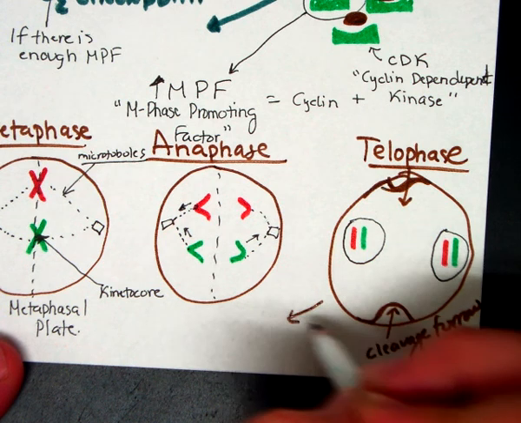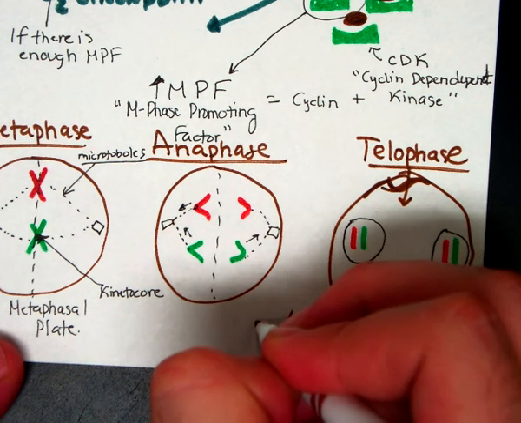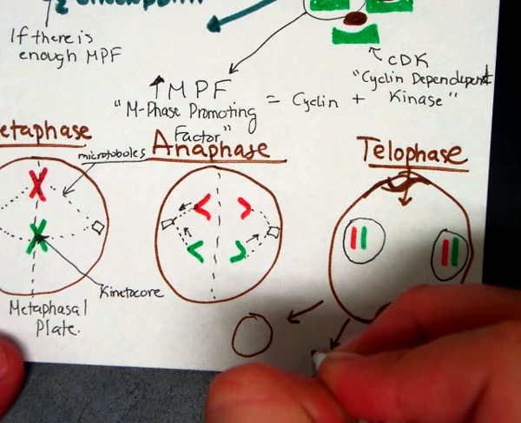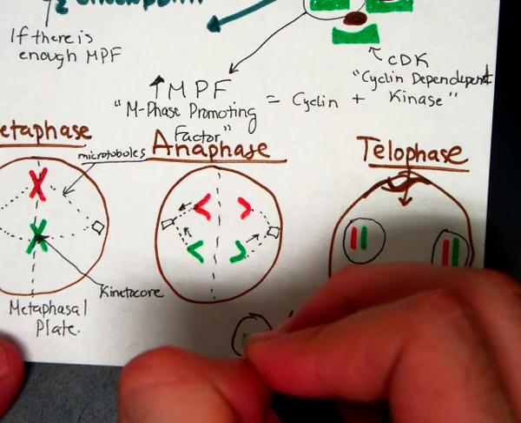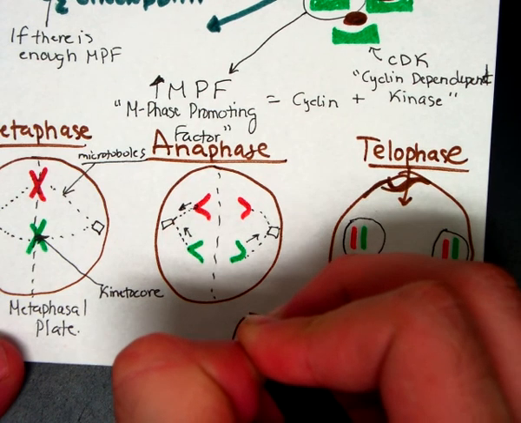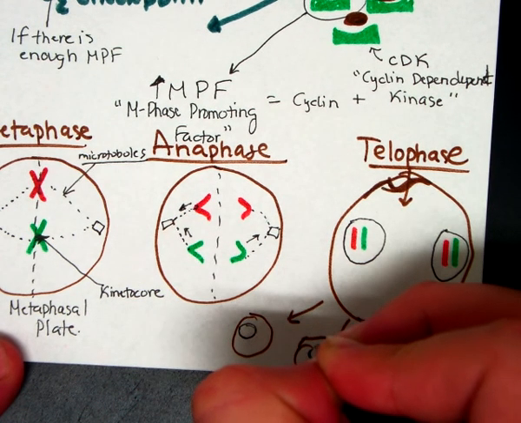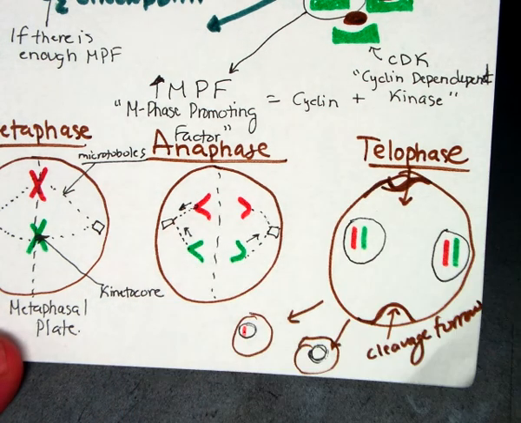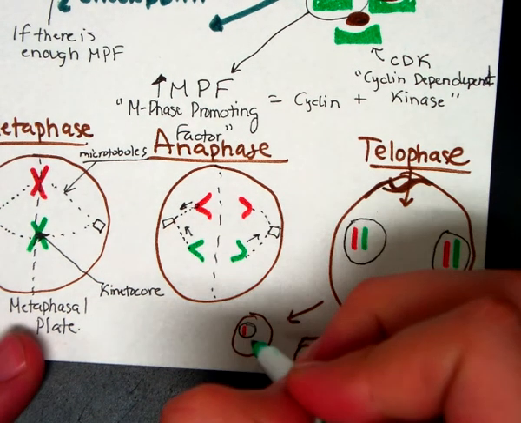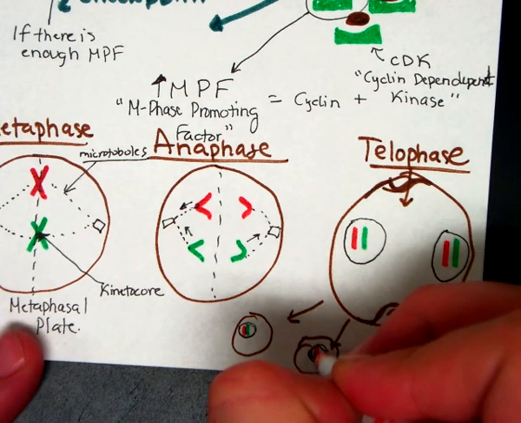I'll draw a small version of each of those. You'll have two what are known as daughter cells, each with their copy of the chromosome.